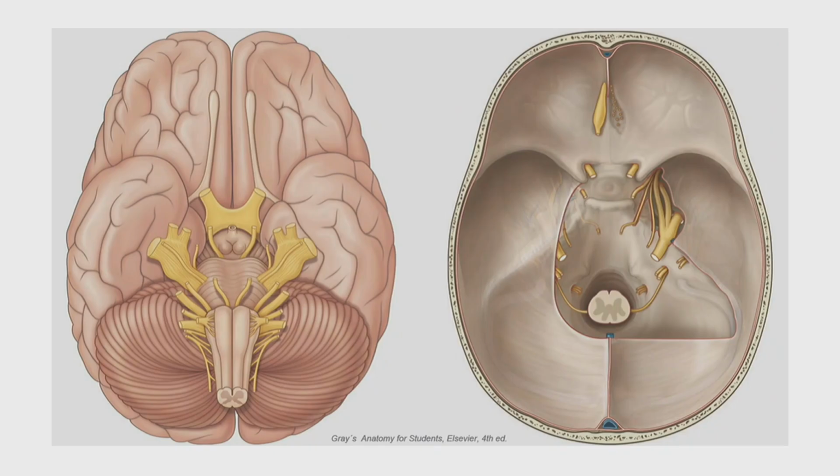And this picture on this side shows the central nervous system, showing from which part of the brain, mainly the brain stem, these cranial nerves come out.